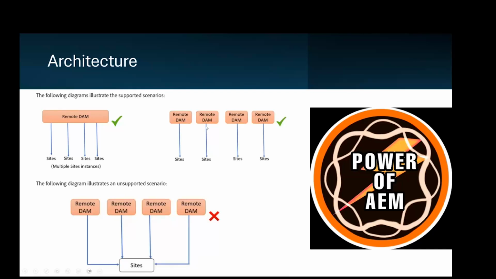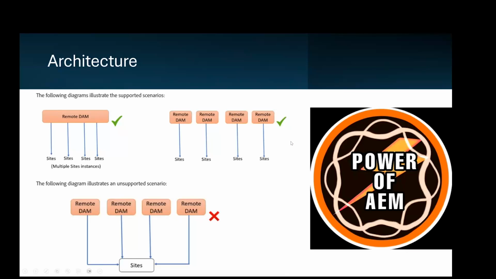Let's talk about the one-on-one mapping architecture between your asset and sites. For example, you have one asset instance and one site instance, and you are doing the configuration between both environments. In that case, you have a separate AEM site instance and a separate asset instance, and you can do the one-on-one mapping.